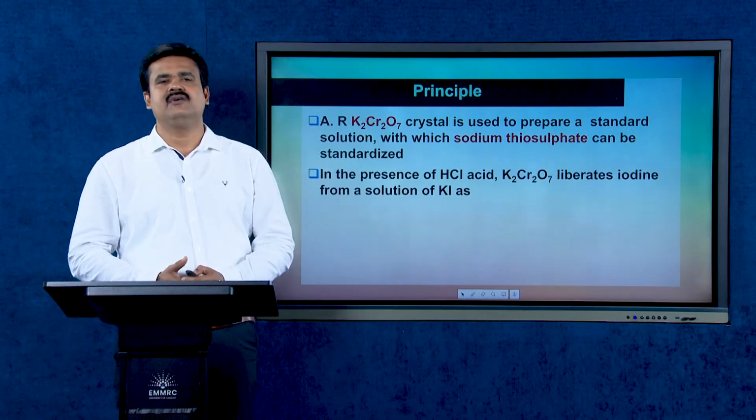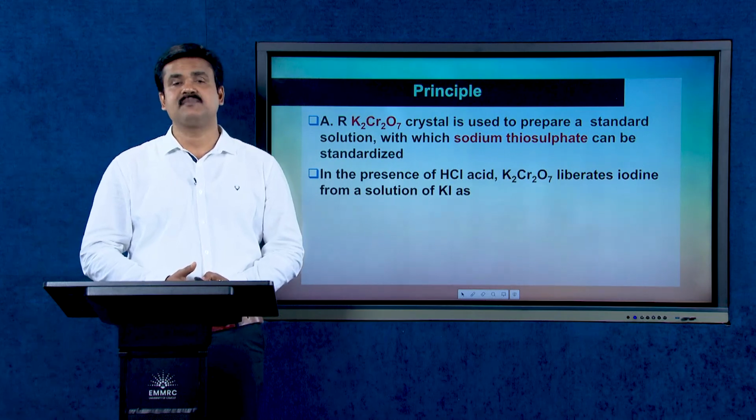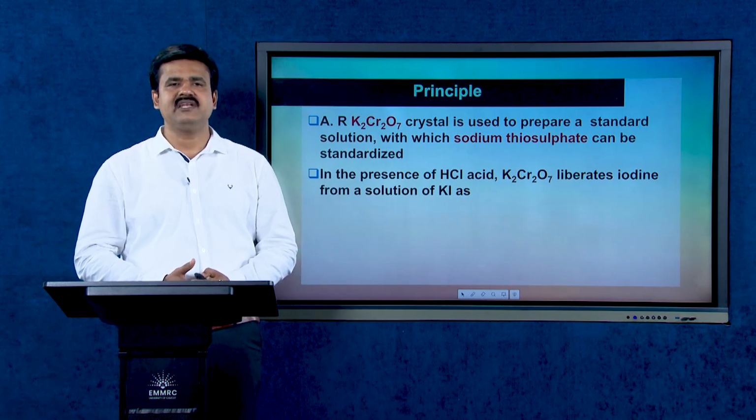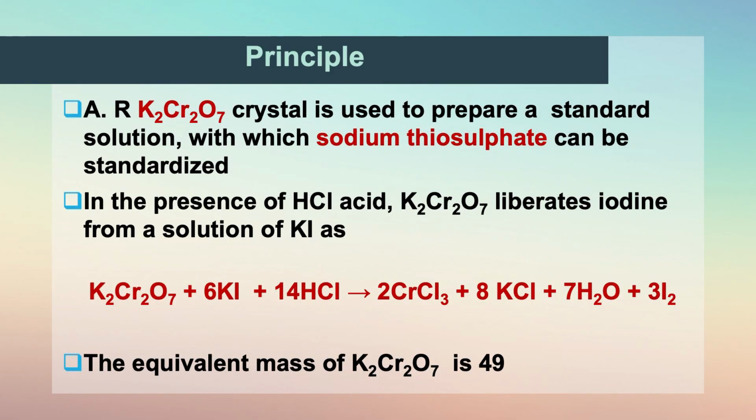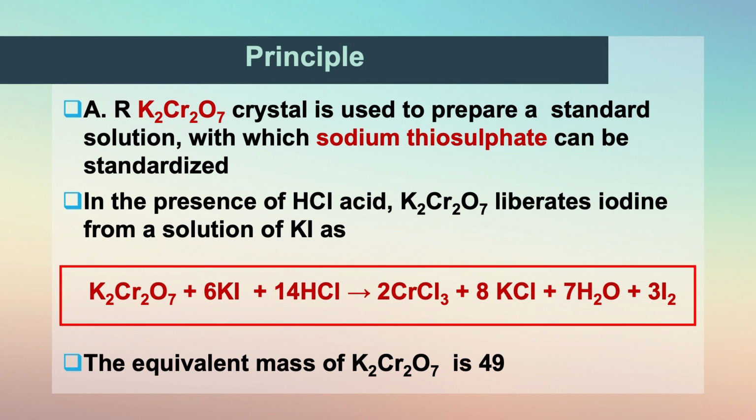In the presence of hydrochloric acid, potassium dichromate liberates iodine from a solution of potassium iodide. This is the equation responsible for the liberation of iodine from potassium iodide by K2Cr2O7 in acid medium.